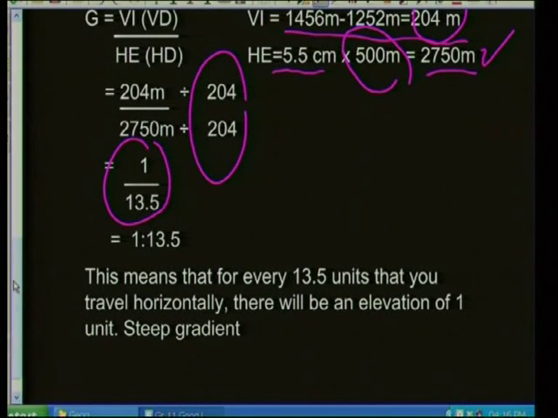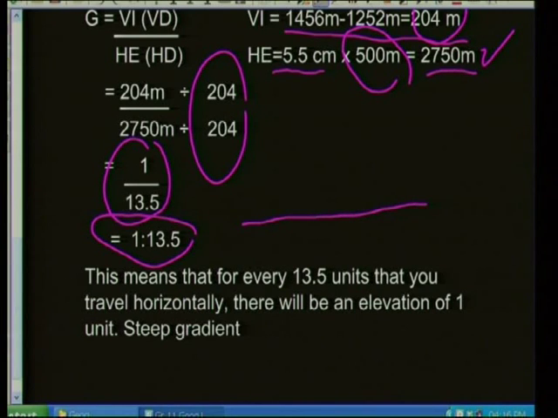And eventually we express it as a ratio, 1:13.5. That means for every 13.5 units horizontally, we change by 1 unit vertically. Okay?